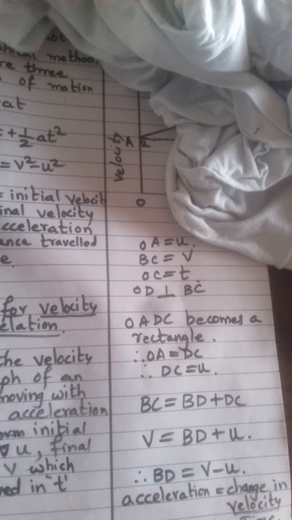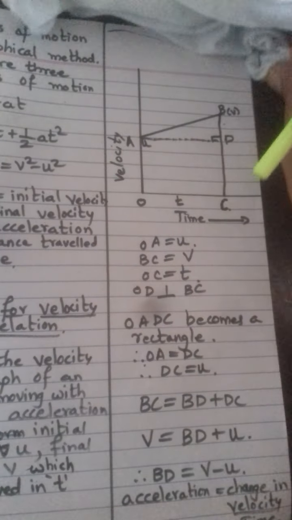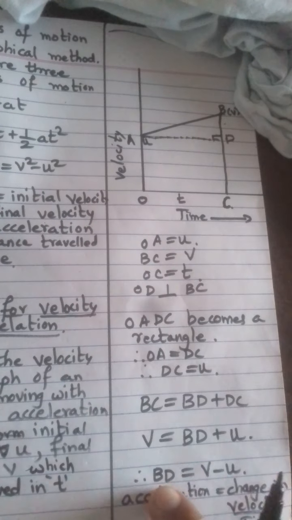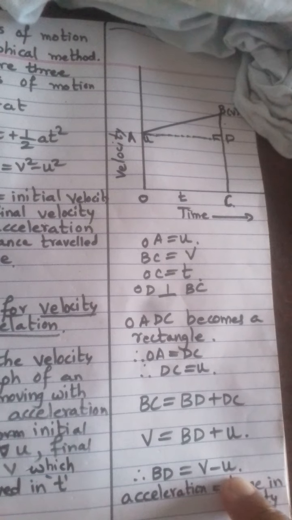Now you know the definition for acceleration. Acceleration is rate of change of velocity, or acceleration is equal to change in velocity upon time. So acceleration a is equal to this, in this BD represents the change in velocity, because BD is equal to v minus u.